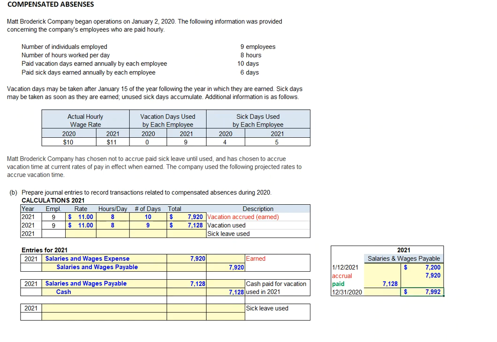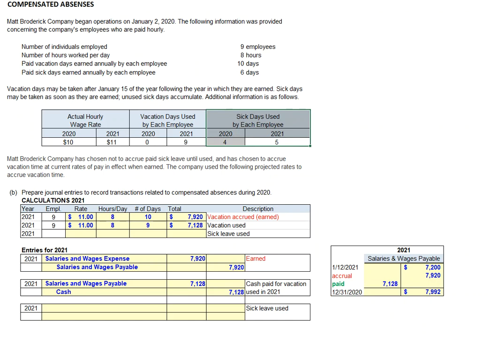Finally, that will give us a year-end balance for 12/31/21, which will be $7,992.